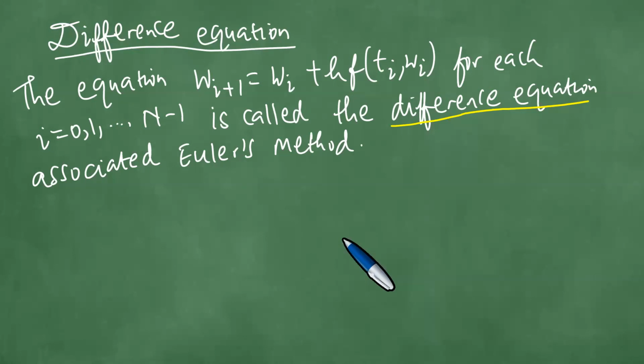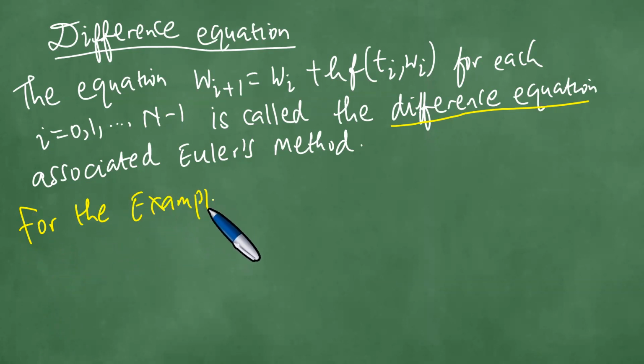So how do we state and write the results in tabular form? We're going to look into that just now. For the example above, for example 1, I want to give a remark there.